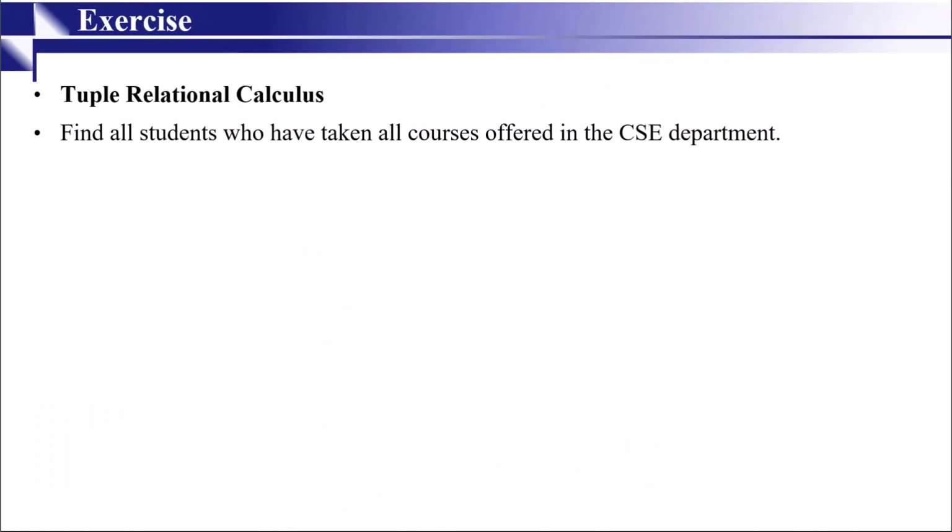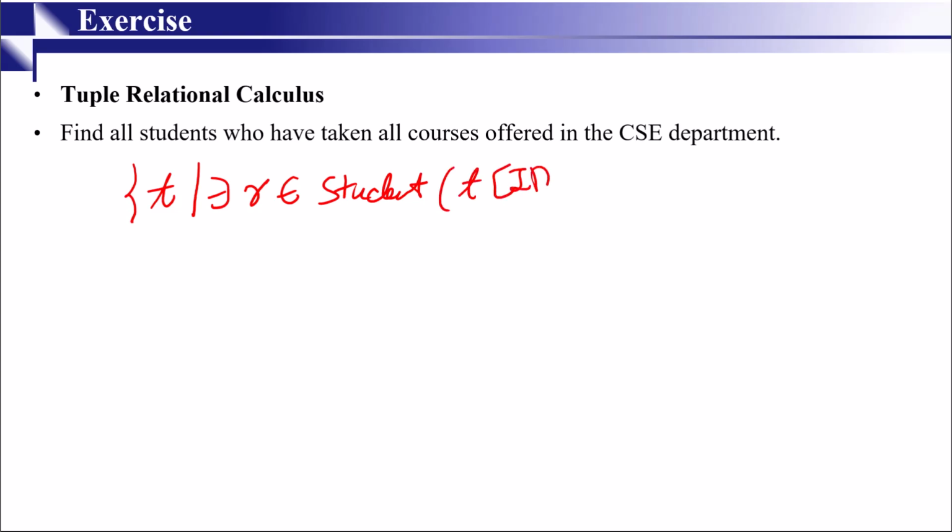So next one, find all students who have taken all courses in CSE department. It's like the biology department, right? Same. T tuples there exist R in student where T.ID is equal to R.ID, right?